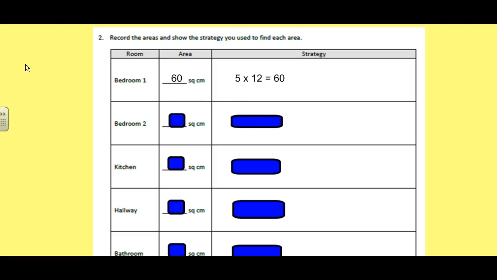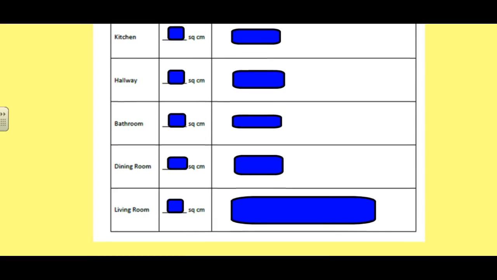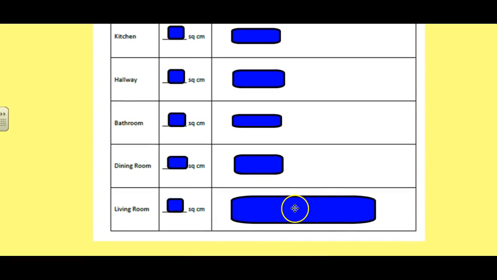So when you're finding the area of each room, make sure you go back to this part of your problem set and write down what the area is and what multiplication equation you used to help you find the area. And make sure whenever you get to the living room that you have a few equations, since we broke the living room into two separate rectangles. So make sure you don't just have one equation, make sure you have more than one equation for this part of the problem set.